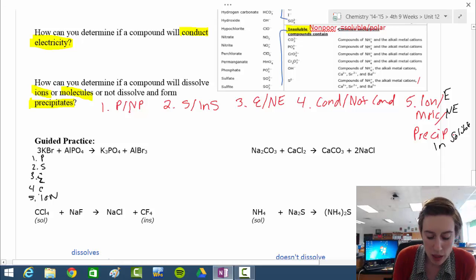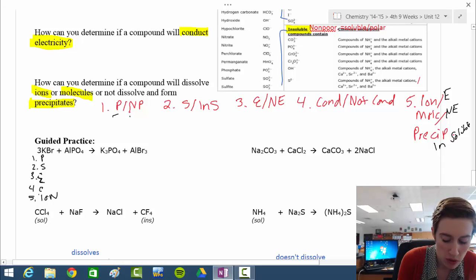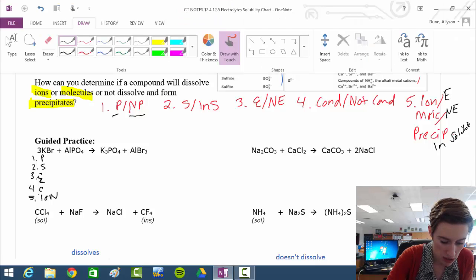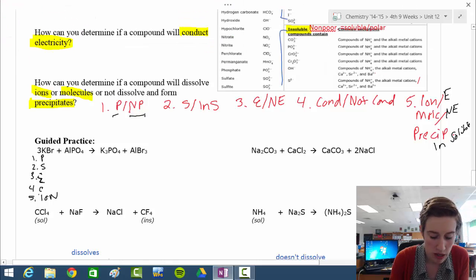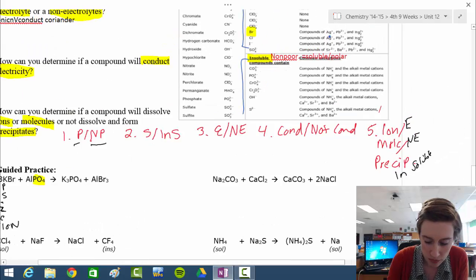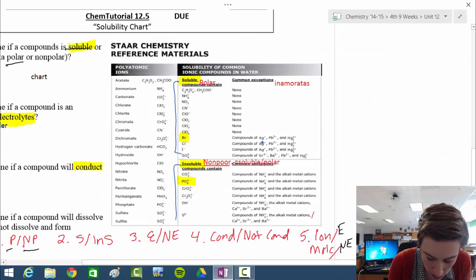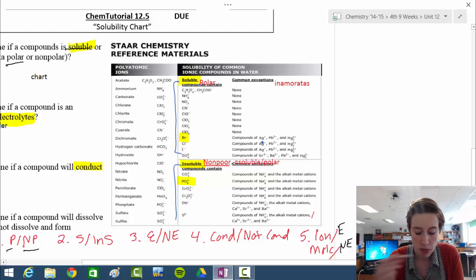Okay, so AlPO4, is it polar or is it nonpolar? Well, I have to find if it's soluble or not. PO4 is the second half of this substance, so I'm going to look for PO4 in my solubility chart. PO4 is listed right here. Okay, but it's aluminum PO4.